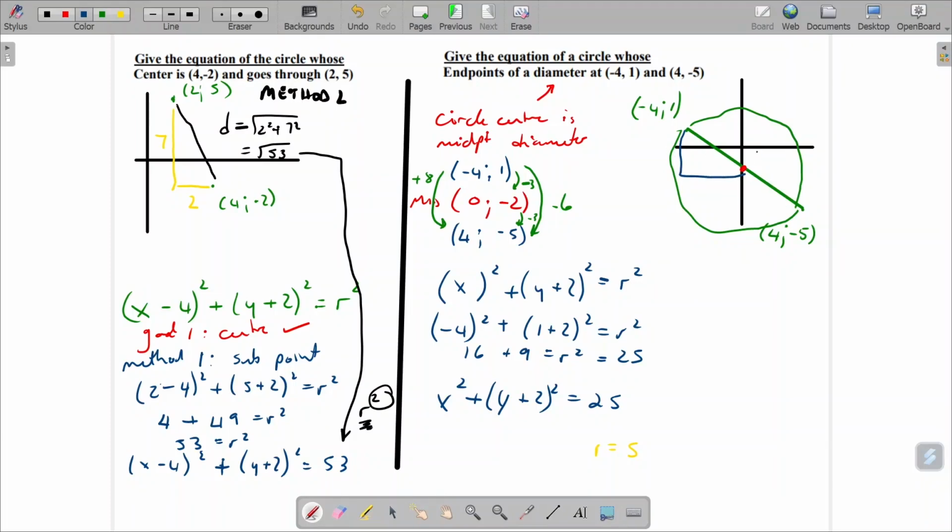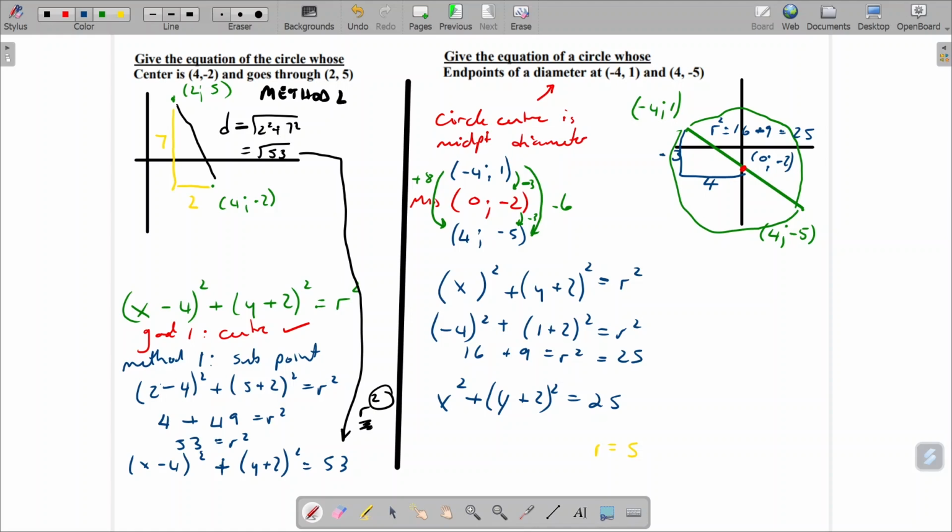If this is the point 0 and -2, then the change in x is 4, the change in y is -3. Plug that in, and you're going to find that r squared equals 16 plus 9 equals 25 using the distance formula.